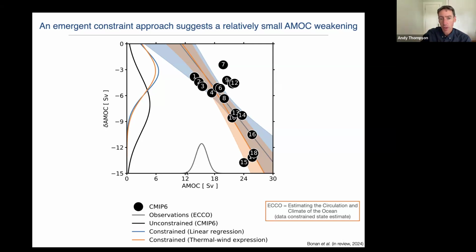We can use those observations to get an estimate of what the present day distribution is in the AMOC. And what you see here is that it falls somewhere between, say, 12 and 18 sverdrups, a mean of about 15 sverdrups with some distribution. And if we use those observational constraints, we get these orange predictions here for what the range of AMOC perturbations we might expect to see based on our present-day AMOC.